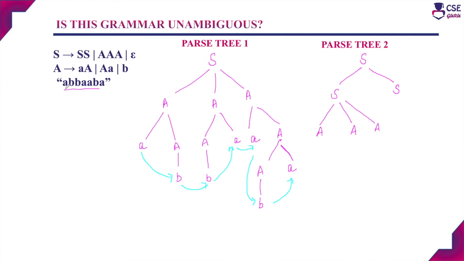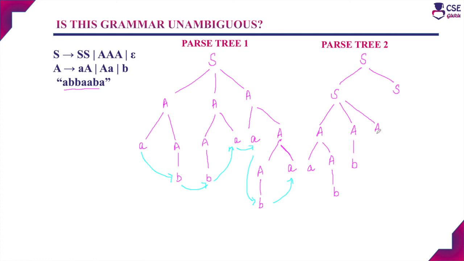So if you are checking our input string, we need to get A. So we will apply the production rule A derives AA for this non-terminal. And for the next non-terminal A, we will apply the production rule A derives B. So now we got AB. Next we need to get B. So we will apply the production rule A derives B.